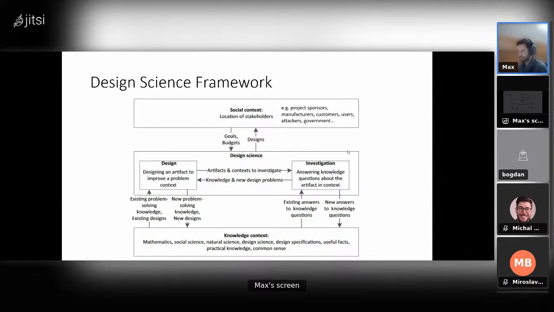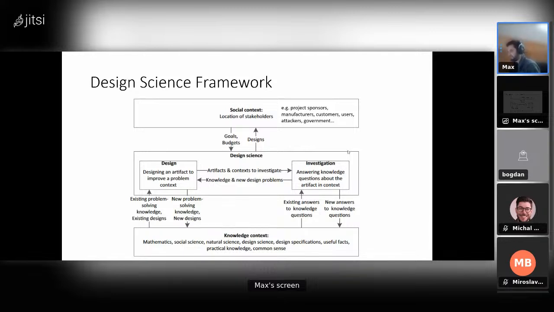Sometimes it can be government, but there are also bad stakeholders, for example attackers or competition. So you will provide the design to the stakeholders, and in exchange they will give you some concrete goals and some budgets.